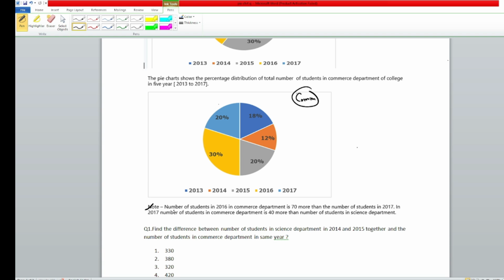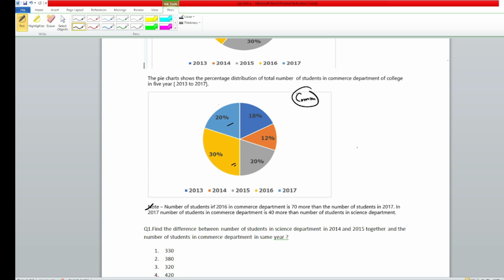In the note, we are given that the number of students in 2016 in the commerce department is 70 more than the number of students in 2017. The yellow part represents the number of students in 2016, and the light blue part gives the percentage of commerce students in 2017.